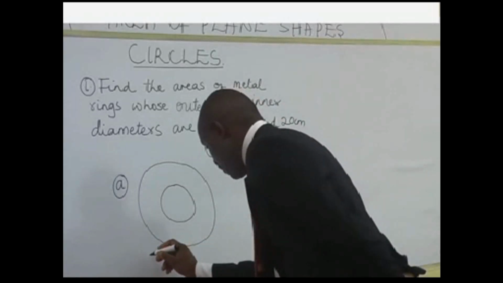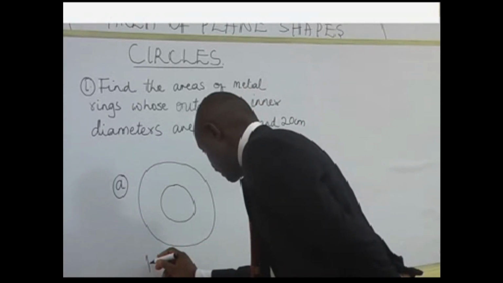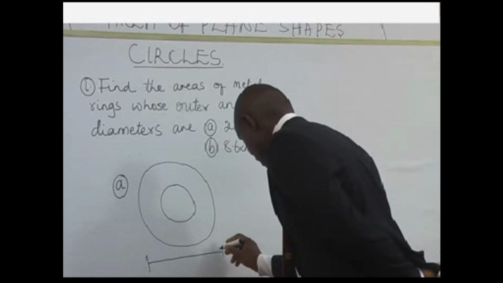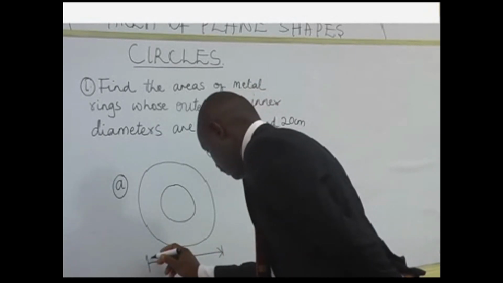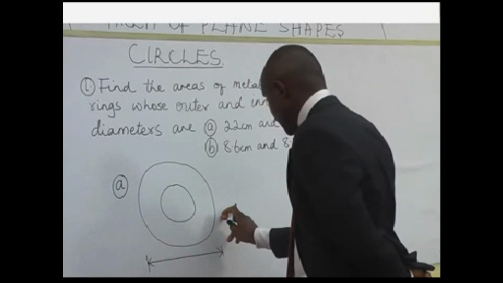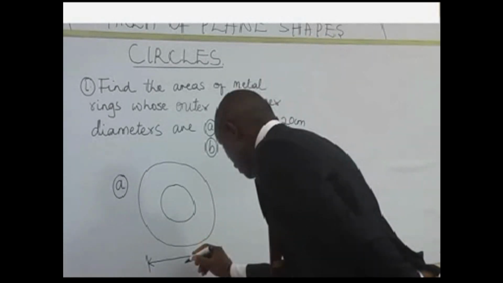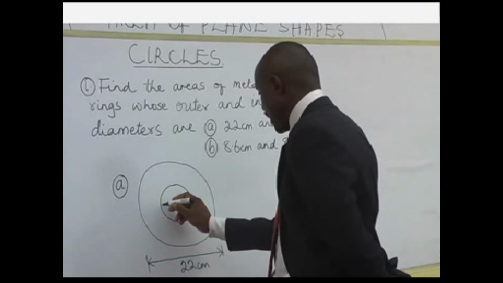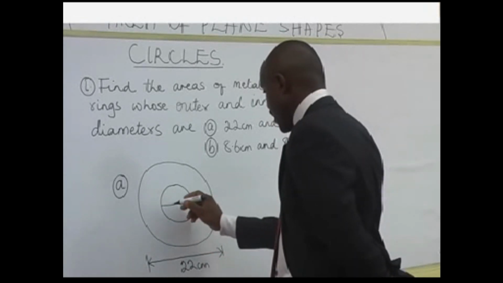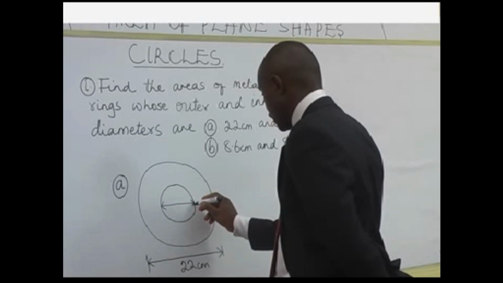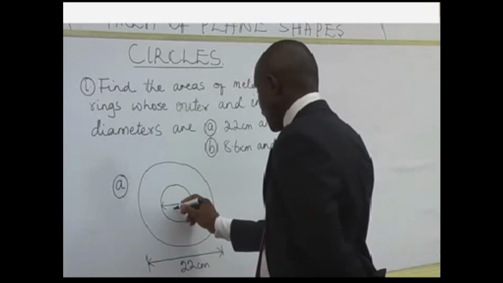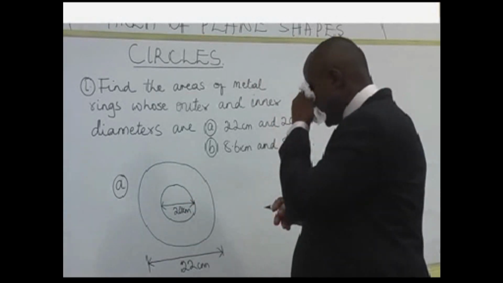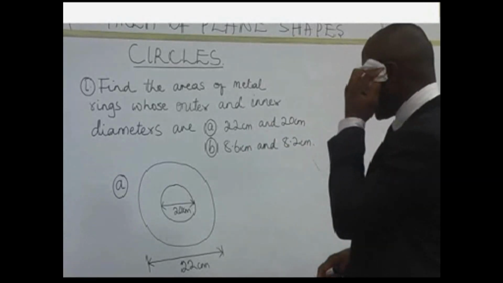That means the distance from this place to this place, this outer diameter, is 22 centimeters, while the inner diameter is 20 centimeters. This is exactly the representation of question number A.